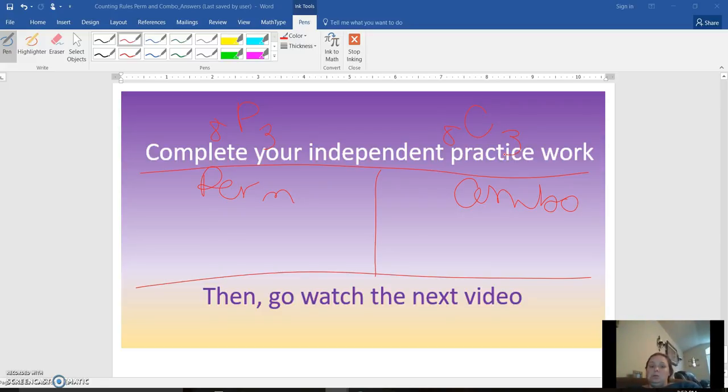So 8 permutation 3, so it would be 8 times 7 times 6. And we get 336 different ways. If it was 8 combination 3 instead of permutation, it would be 8, 7, 6 divided by 3, 2, 1. Or you can type it in the calculator, and I get 56.